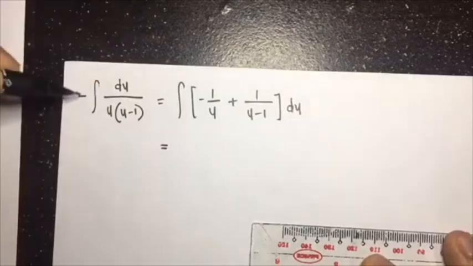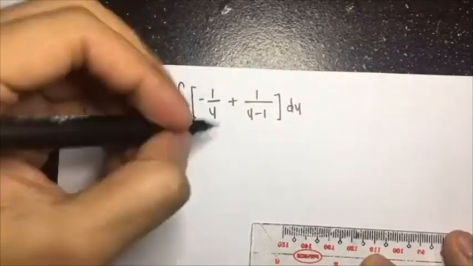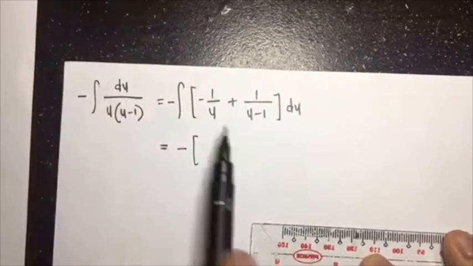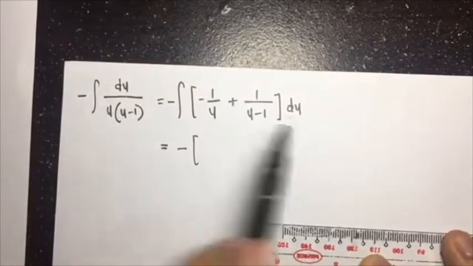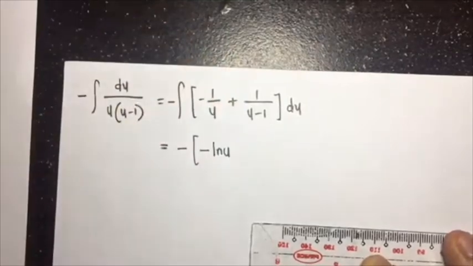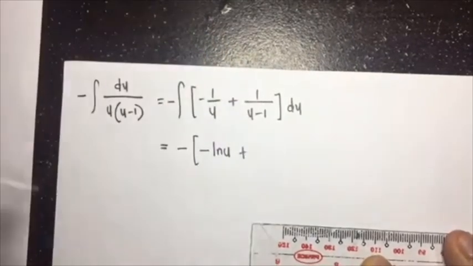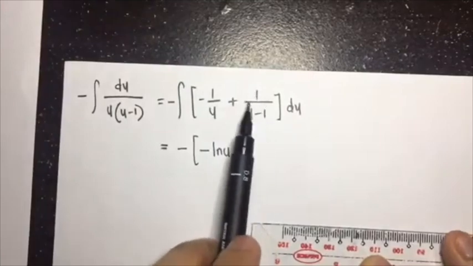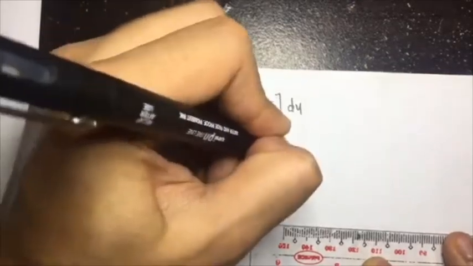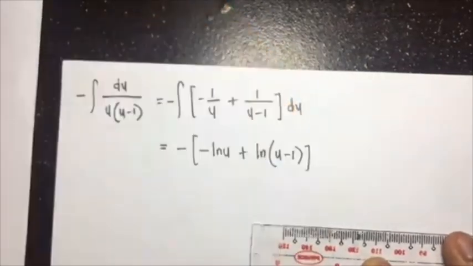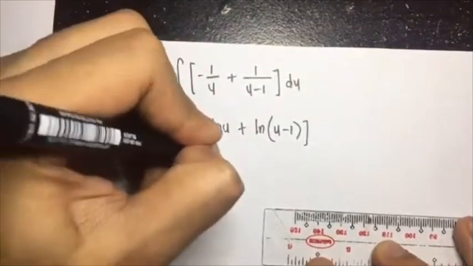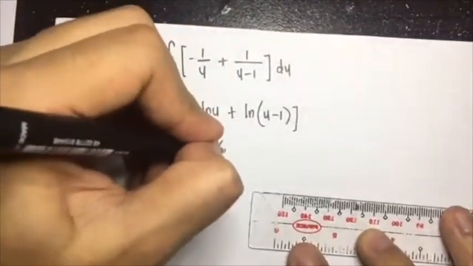Sorry, I forgot the negative sign here, so we have a negative sign outside the integral sign. So the integral of negative 1 over u du is negative ln of u, plus the integral of du over u minus 1, which is ln of u minus 1. Therefore this will become ln of u minus ln of u minus 1.